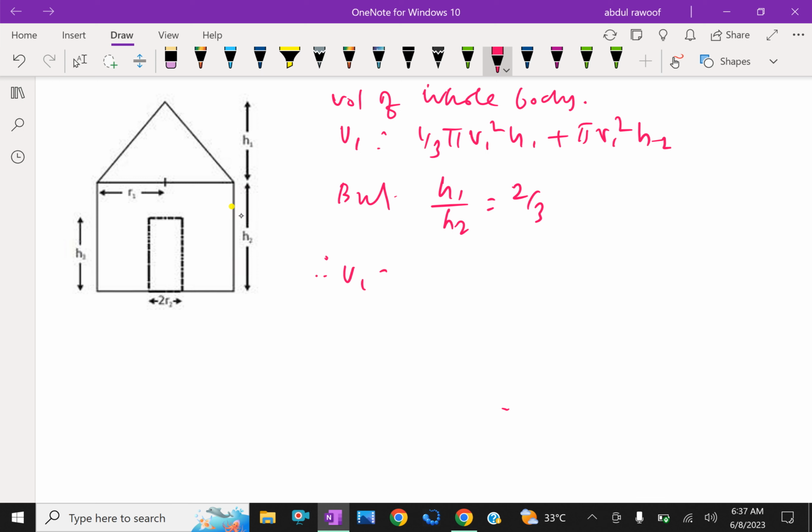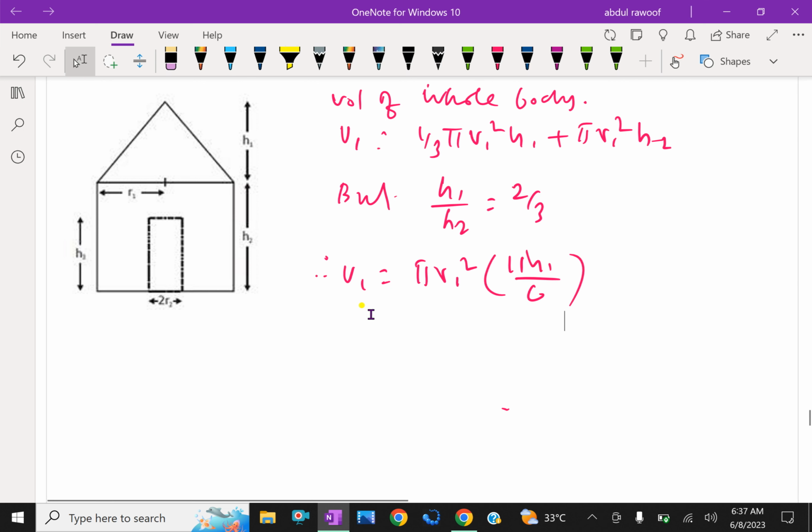Therefore, we will apply 3H1 equal to H2, which gives V1 equal pi R1 square into 11 H1 by 6, by using this relation.